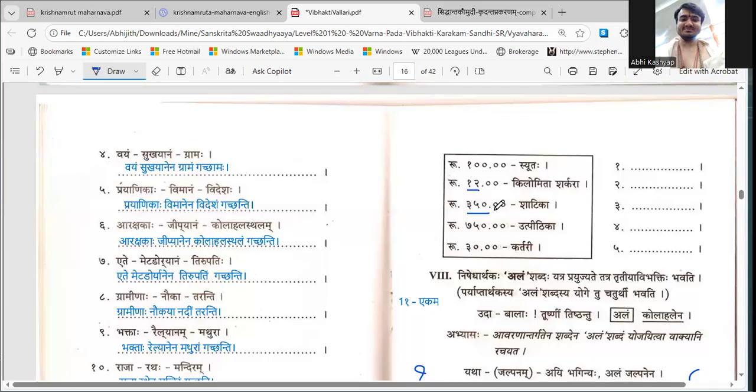So Trishati is 300. And then Sardha will be half more than that. Half, that means half of Shata would be 50. So Sardha Trishati. Okay. So Sardha Trishati Trishata रूप्यकैः.